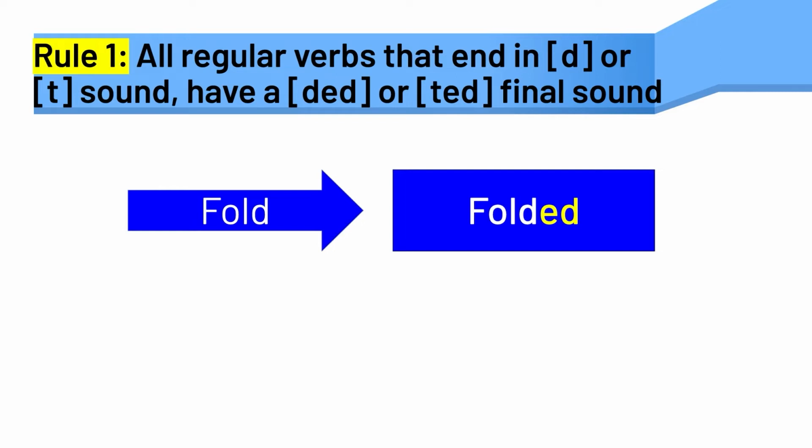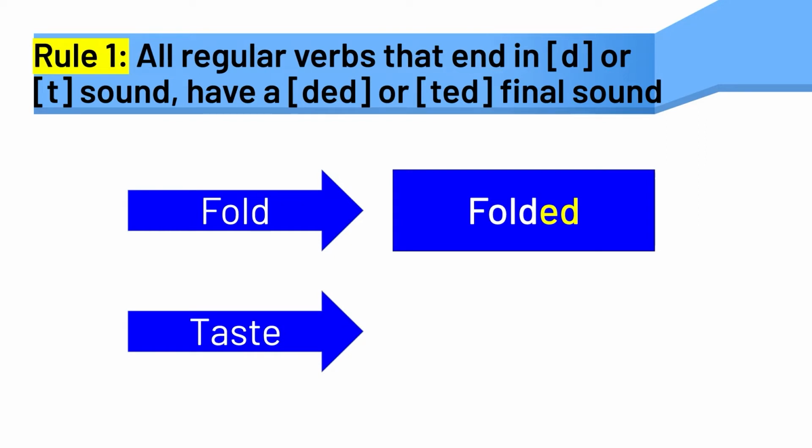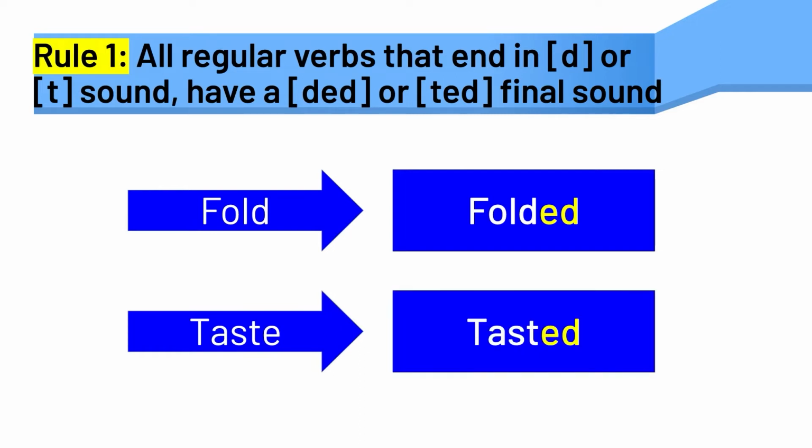The regular present tense verb is taste. The word ends in a final e, but notice that the final sound is t in taste. Taste. The rule is that if the verb has a final d or t sound, you add the t sound. This means that taste becomes tasted.